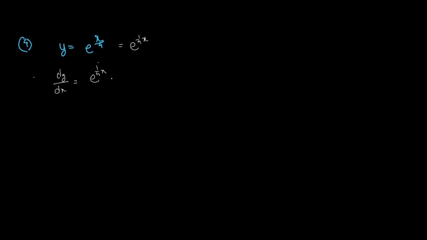Now we have to differentiate the power of the exponent with respect to x. Our power was 1 by 4x. After differentiating one time with respect to x, we'll get 1 by 4. So we'll multiply 1 by 4 here, and as a result, we'll get 1 by 4 e to the power 1 by 4x. So this is our final answer for this expression. Let's look at the last example from exponent.